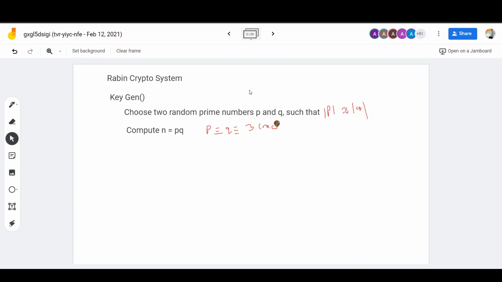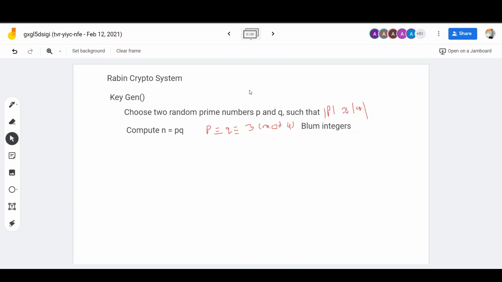We call this kind of prime numbers Blum integers. Remember that: anything satisfying this, we call a Blum integer.